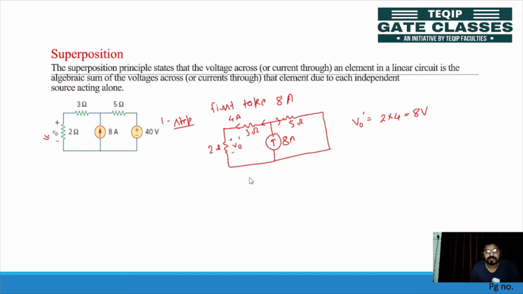Okay, secondly, step 2, we'll take this 40 volt source and we'll turn off this 8 ampere current source.